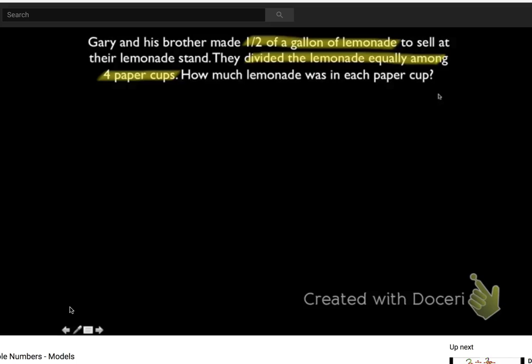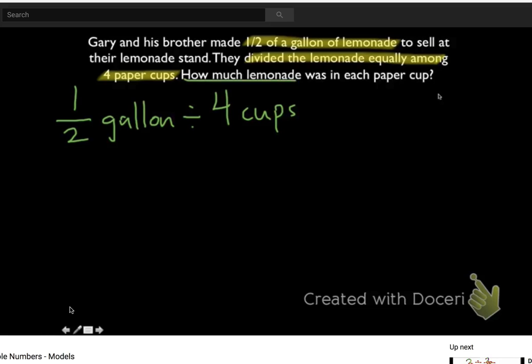So if we were to write this as an equation, that would be 1/2 gallon divided by 4 cups. We're trying to figure out how much lemonade was in each paper cup.